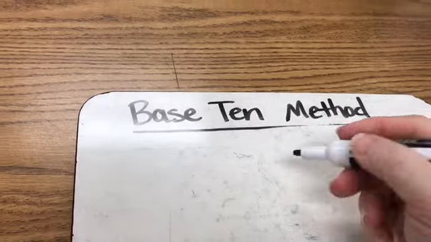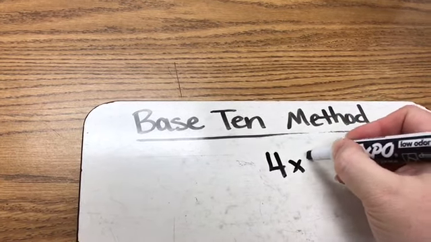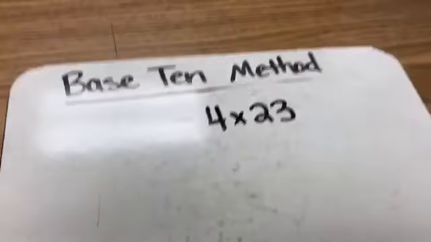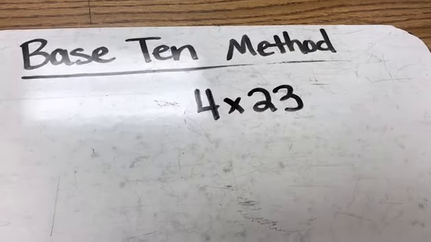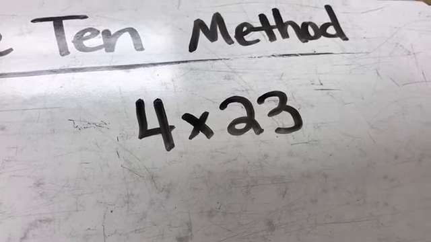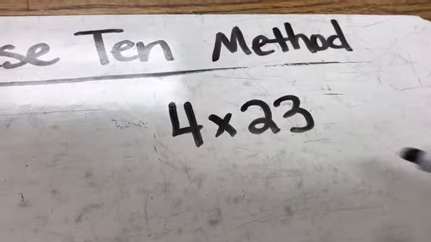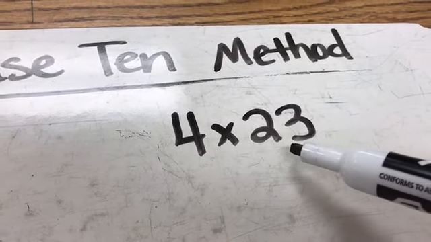Okay, so let's do the problem 4 times 23. And so when I think about multiplying, this question 4 times 23 is asking me to figure out how many would be in 4 groups of 23.